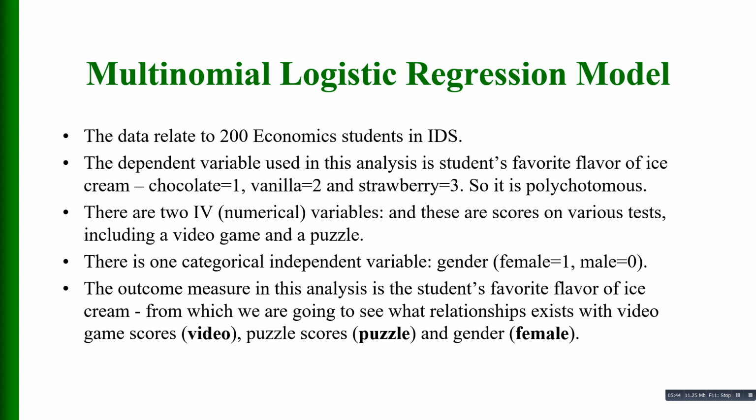Here female is coded as 1 and male is coded as 0. The outcome measure in this analysis is the students' favorite ice cream flavor, from which we are going to see what relationships exist with video game scores, puzzle scores, and the gender of the subject.